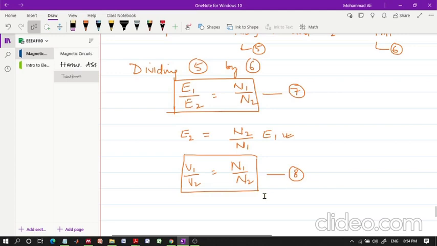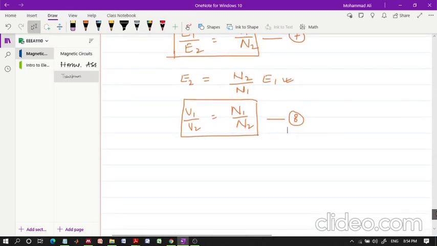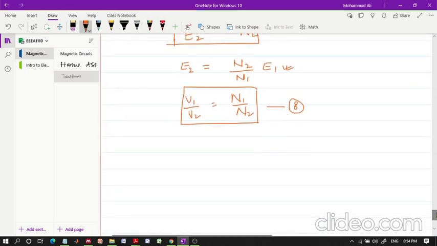ठीक है, now the classification of transformers basically, अब यहां पे देखिए आप, अगर हम नंबर ऑफ टर्न्स को वेरी करते हैं, यानी if N1 is equal to N2, तो E2 will be equal to E1, या फिर V1 will be equal to V2. अगर ये दोनों बराबर नहीं है, तो अगर फॉर एग्जाम्पल N2 is more than N1, then E2 will be more than E1. तो क्या हो जाएगा? स्टेप अप ट्रांसफॉर्मर हो जाएगा.